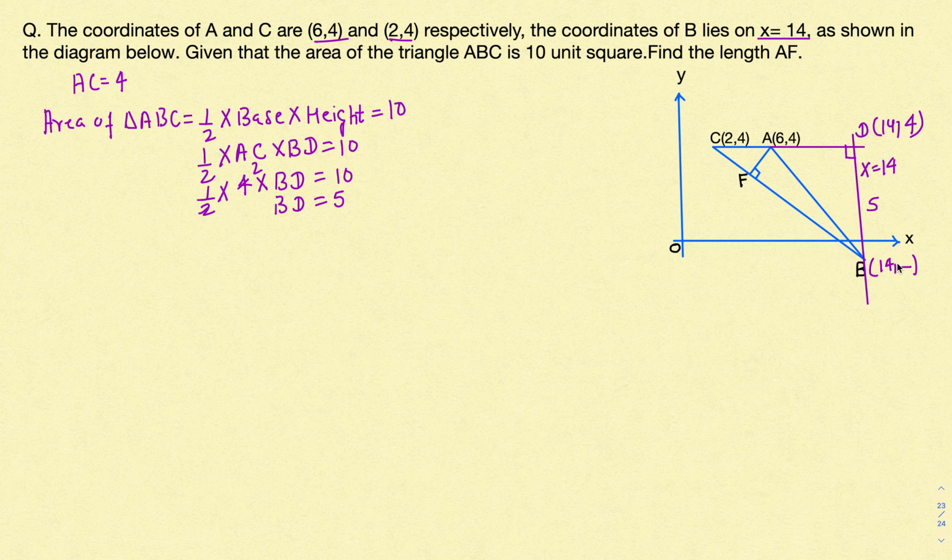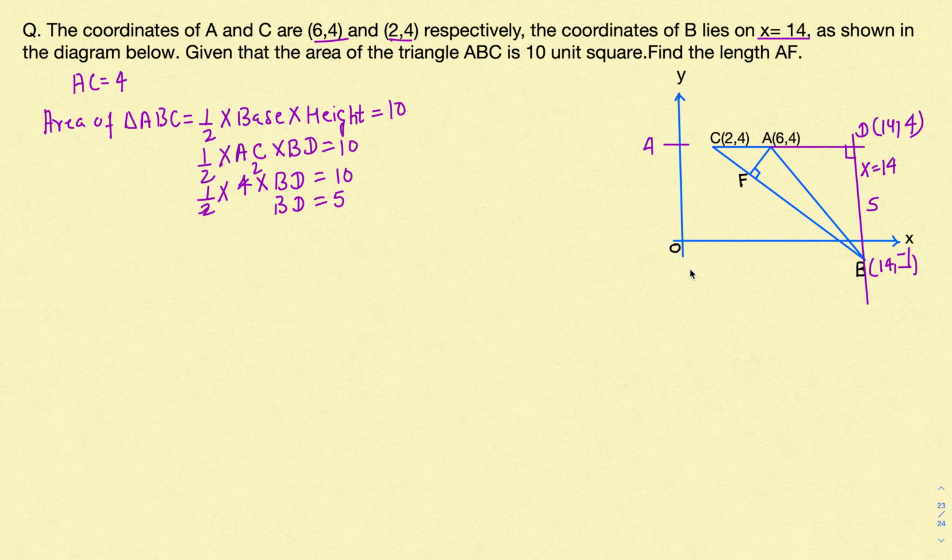The y coordinate has to be 4, and since the height of this triangle is 5, what will be the y coordinate of B? It will be -1. Then only the height can be 5, because here y is 4.